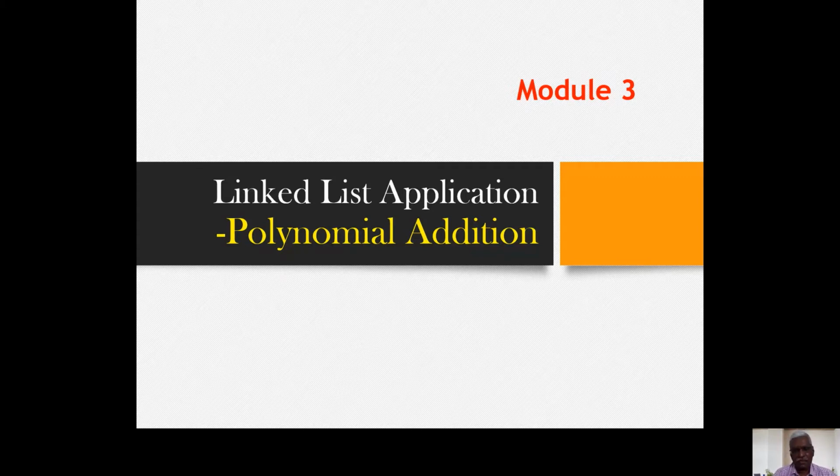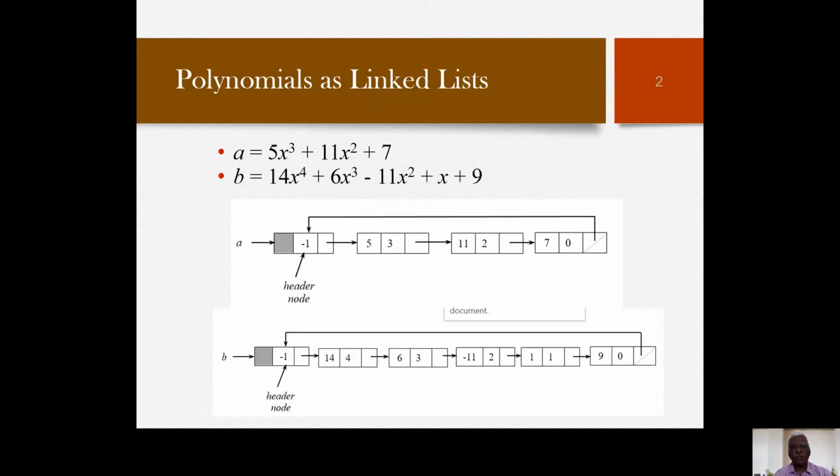Once we represent the polynomial using this linked list approach, we can do any kind of mathematical operation. In our example, we show only the addition. However, the listeners can use this technique for any related work with polynomials. So let's now move on to the way in which polynomials are represented as linked lists.